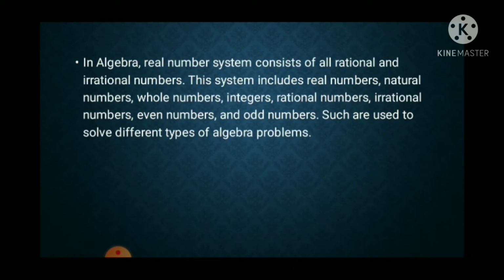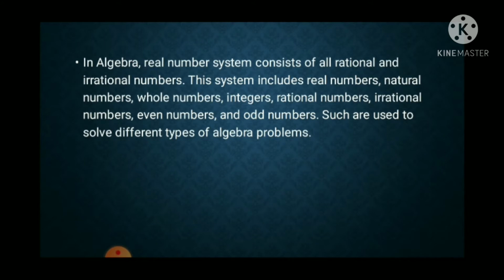In algebra, real number system consists of all rational and irrational numbers. This system includes real numbers, natural numbers, whole numbers, integers, rational numbers, irrational numbers, even numbers, and odd numbers that is used to solve different types of algebra problems.